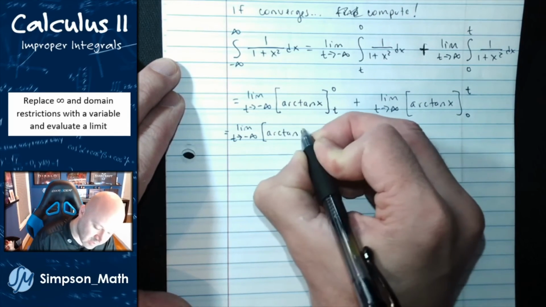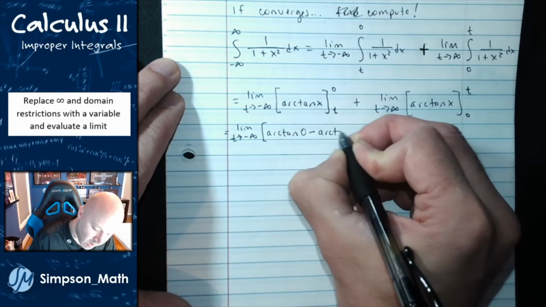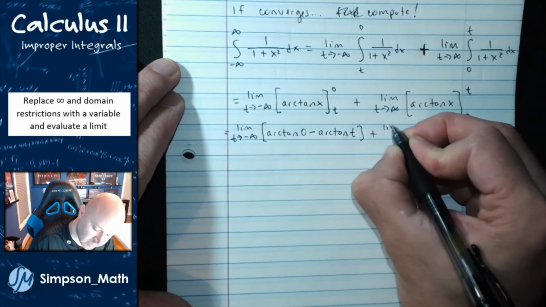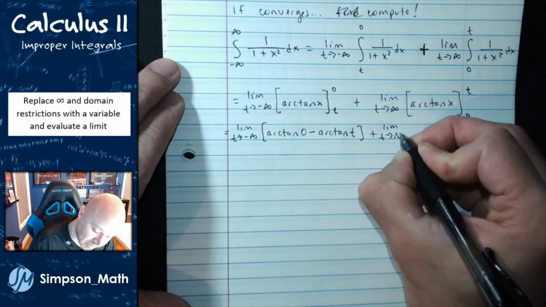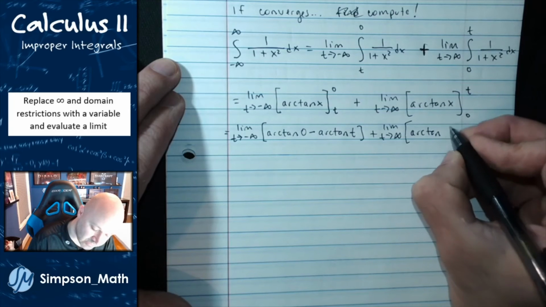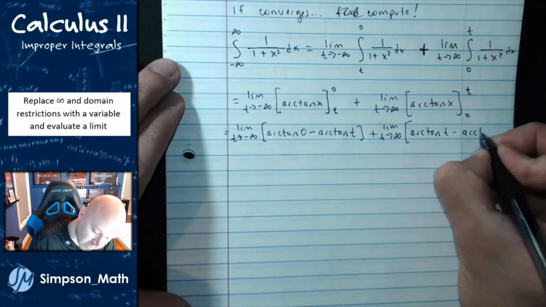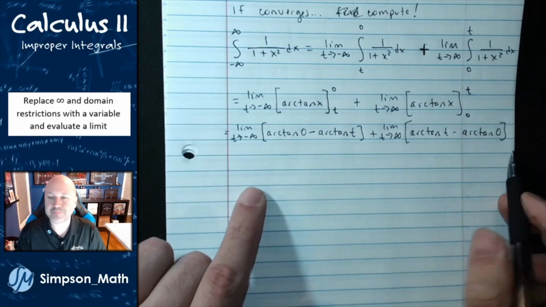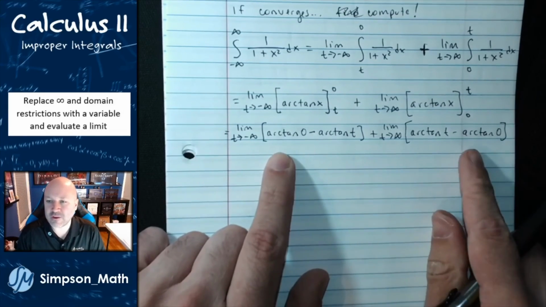So arctan 0 minus arctan of t, plus the limit as t goes to positive infinity of arctan of t minus arctan of 0. I'm glad it chose 0. Okay, I know those values.